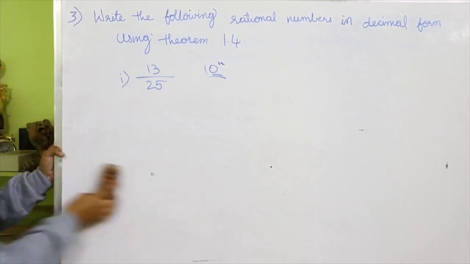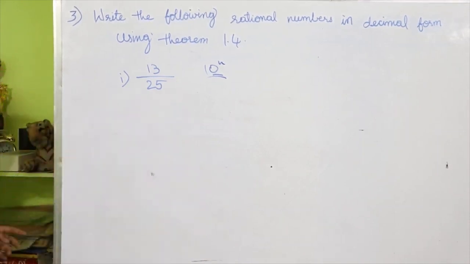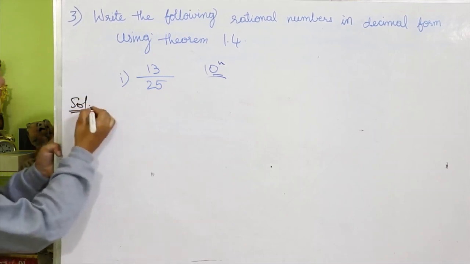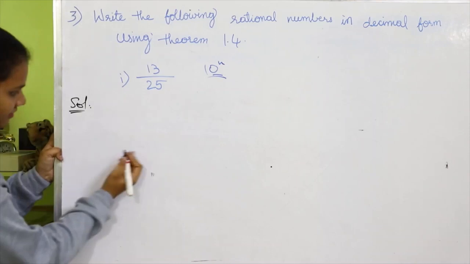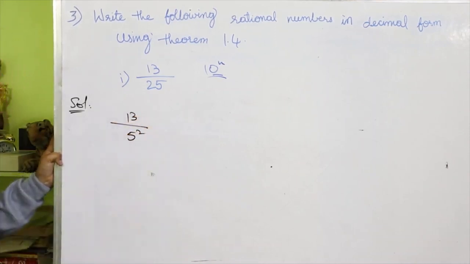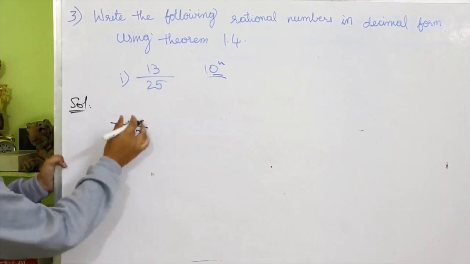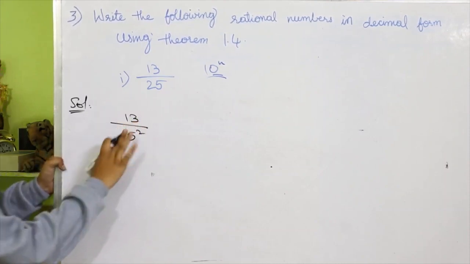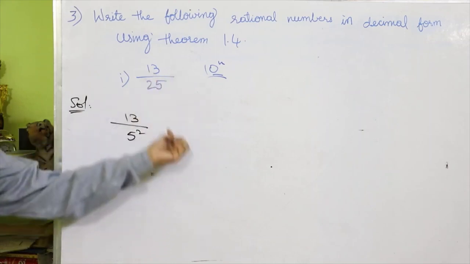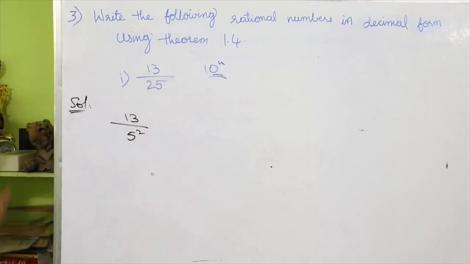Now let's start with the first example. Here you go with 25. 25 means 5 square, 5 into 5 is 25. So 13 by 5 square. If I would like to convert, it would again become 13 by 25, I can't do anything else. Now I wanted to convert to 10 power n.